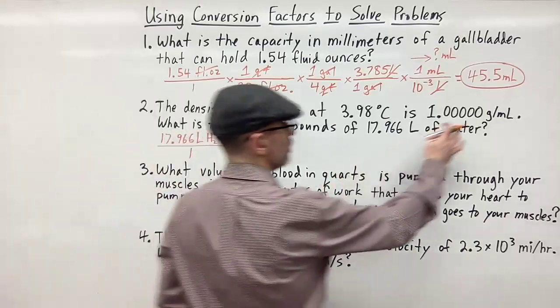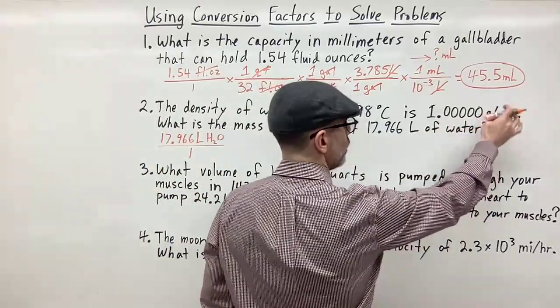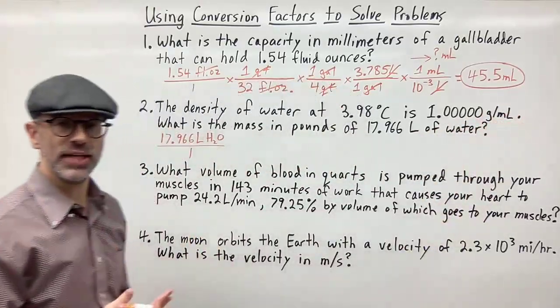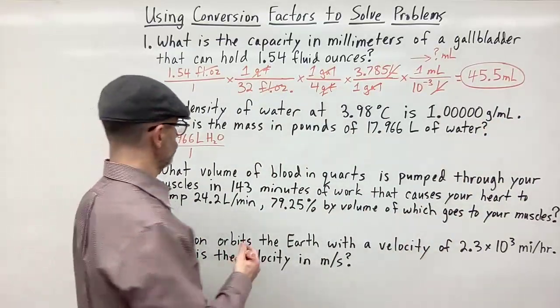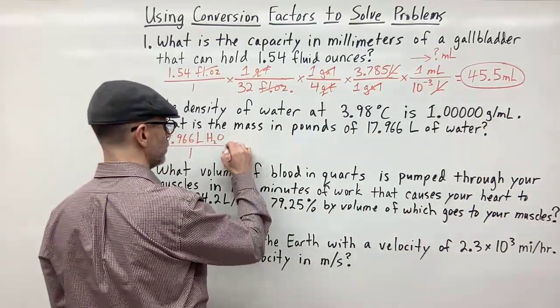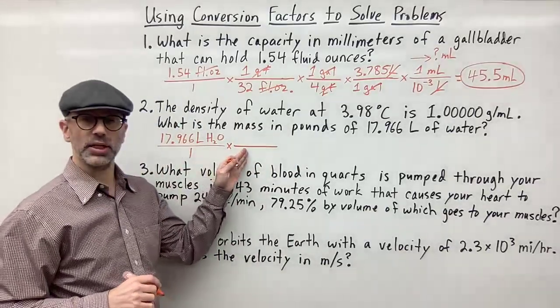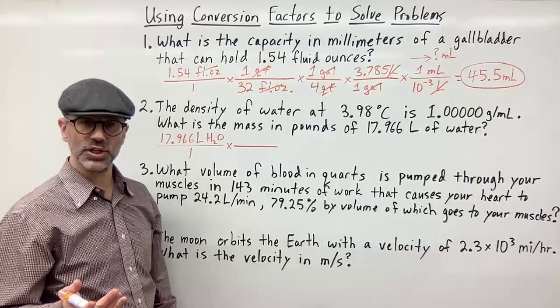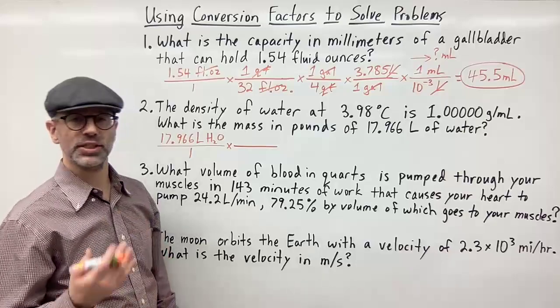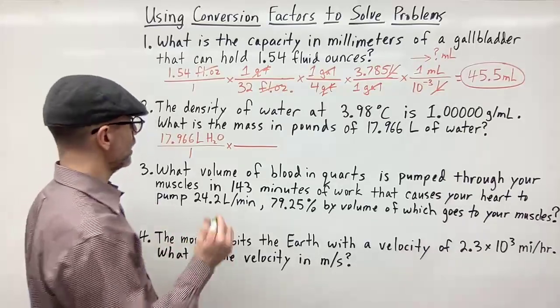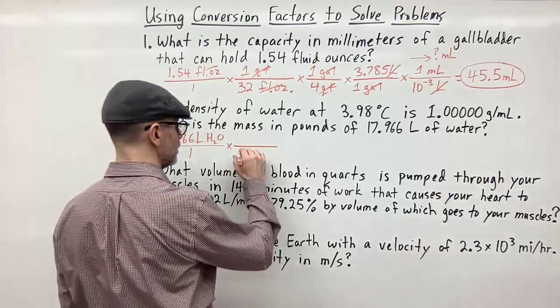We have this relationship, grams to milliliters. If we had milliliters, we could then use that to convert to grams. So our first step should be to convert this to milliliters. 1 milliliter is equal to 1/1000th of a liter, or 1 liter is equal to 1,000 milliliters. Either one's fine. I like milliliters.